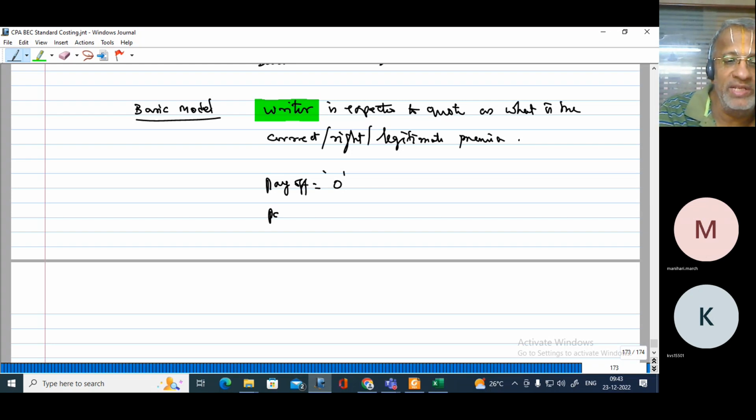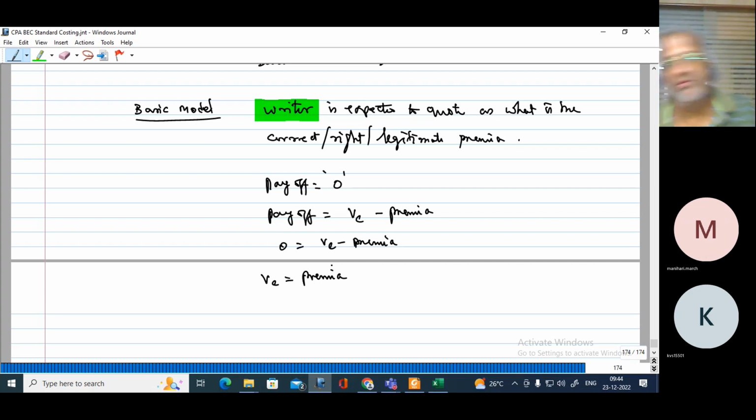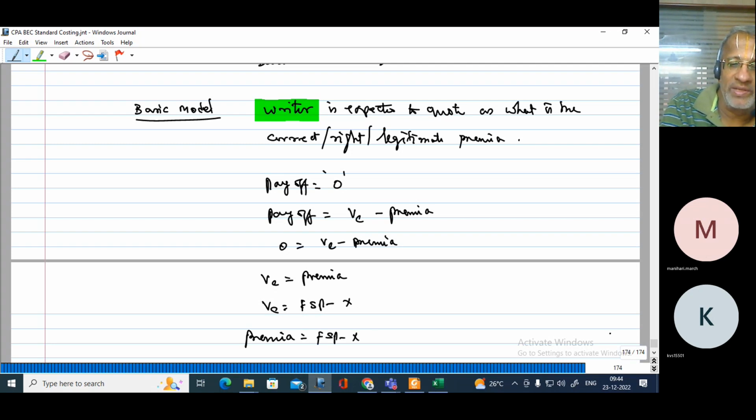So payoff formula is value of the call minus premium. Correct? Zero is equal to value of the call minus premium. So value of the call is equal to premium then. Value of the call is equal to future spot price minus exercise price. So therefore premium is equal to FSP minus exercise price.